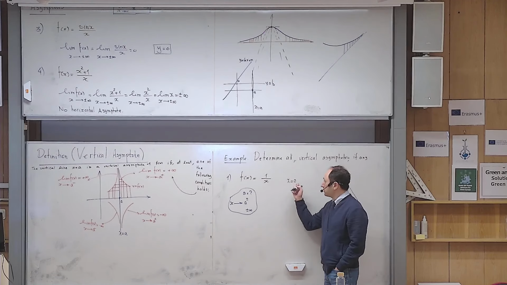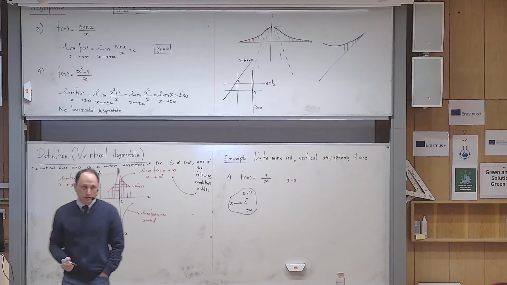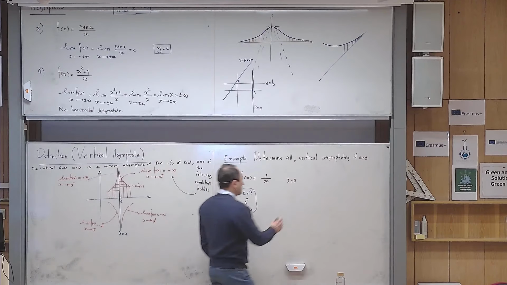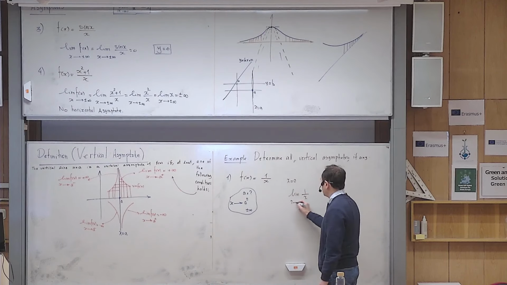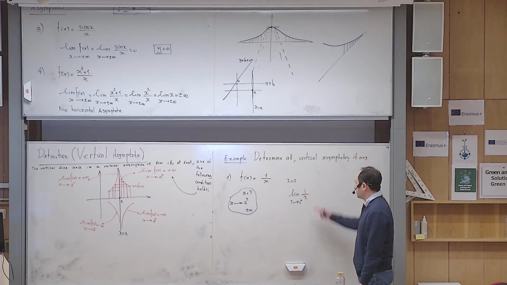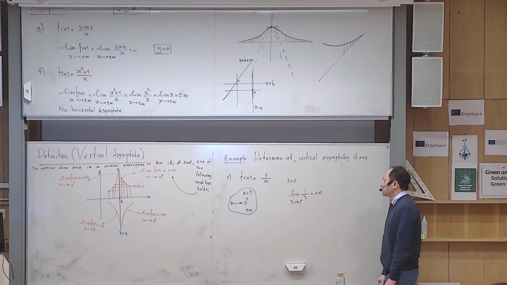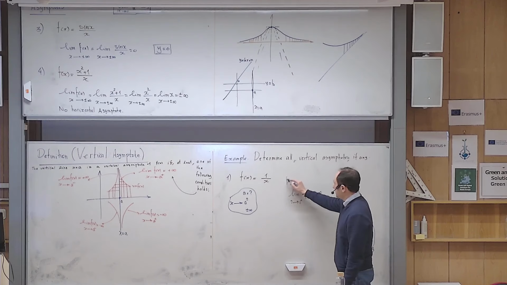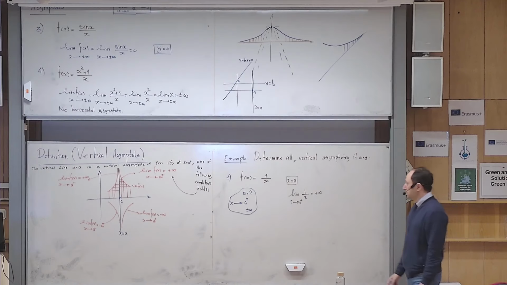To confirm it, you have to justify at least one of these conditions. And of course, in this case, two conditions will work. So for example, to confirm that, I can take the limit and send x to 0 from the right. So what happens? 1 divided by a very small positive number becomes a very big positive number. So yes, this works. So this is the vertical asymptote, x equals 0. But this part is crucial.